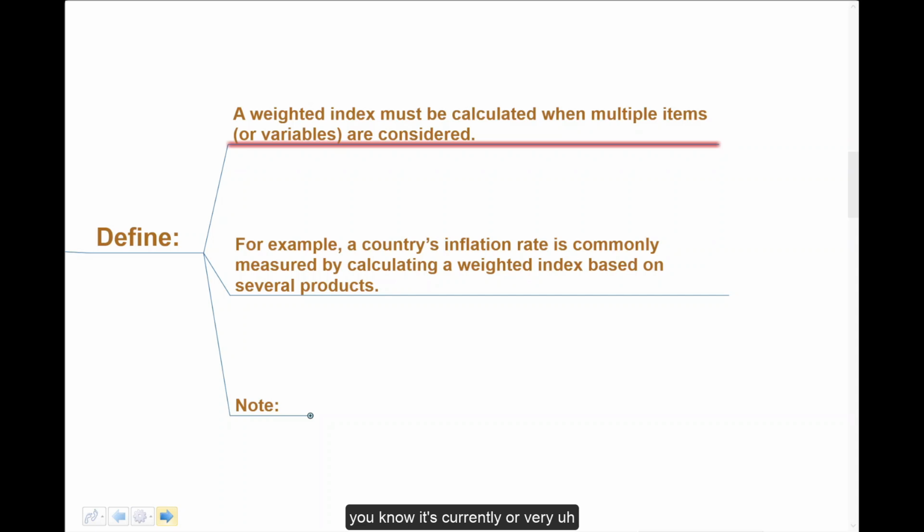It's very frequently measured with baskets, an index based on several go-to products: milk, fish, eggs, petrol, etc. So that would be a weighted index, and it is weighted across several different variables.